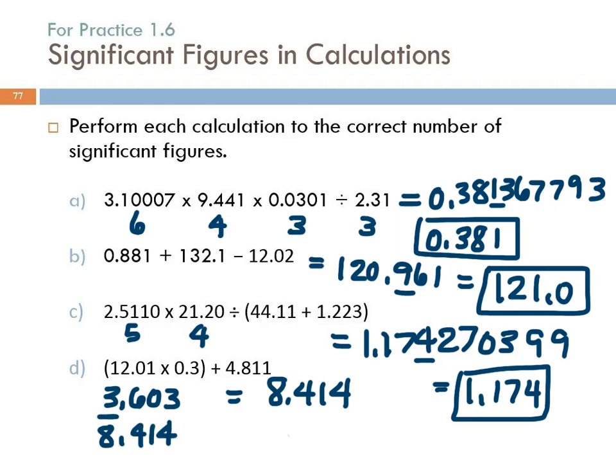The uncertain digit, no, that's not what I wanted to do. We're not adding the 8, we're adding the 4. 4.811, the uncertain digit, is over here. So if we're doing a line, we're going to draw it to the right of the first uncertain digit that we come to, which is in the ones place.